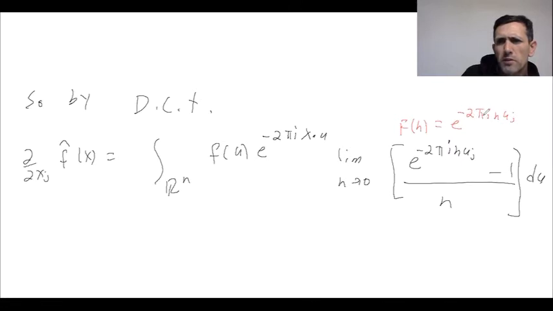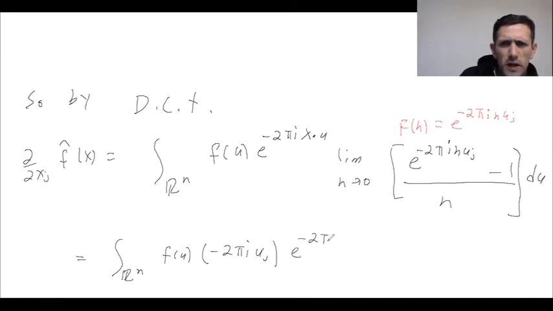So you get minus 2 pi i uj e to the minus 2 pi i x dot u.